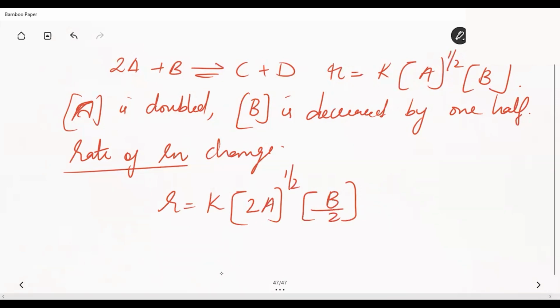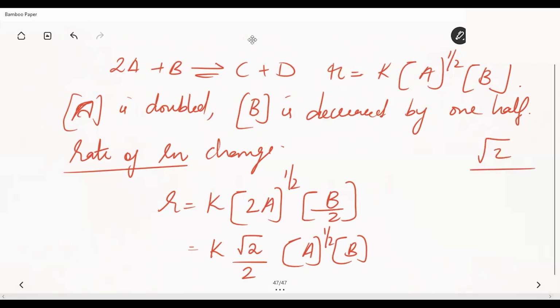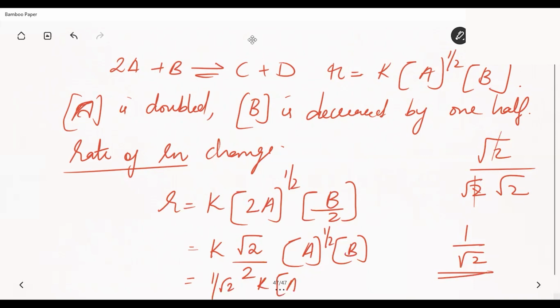So you can write K root 2 and take the 1 by 2 concentration of A and concentration of B. Root 2 by 2: we can write 2 as root 2 times root 2, cancel, and we get 1 by root 2. So the new rate is equal to 1 by root 2 times the initial rate, that is K [A] raised to 1 by 2 [B].